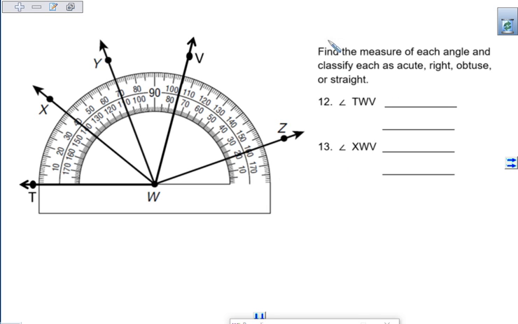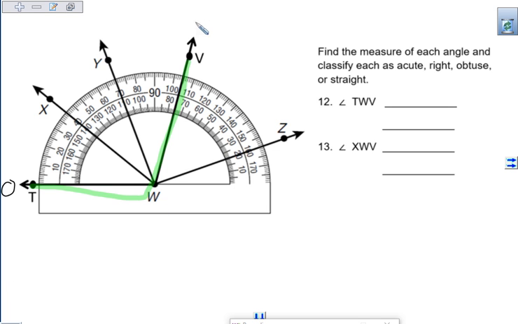Next up, we want to find the measure of each angle and classify each as acute, right, obtuse, or straight. First one is angle TWV. So again, highlight that angle that you're looking at. Where is ray WT at? 0, because we're using the outside numbers.